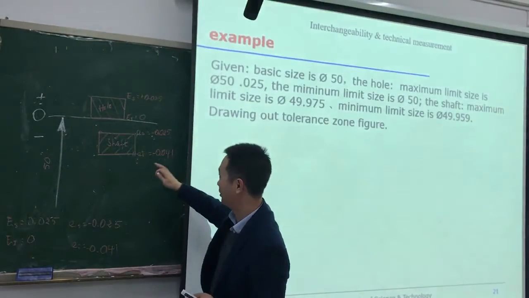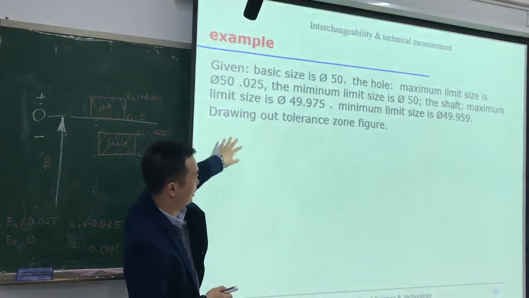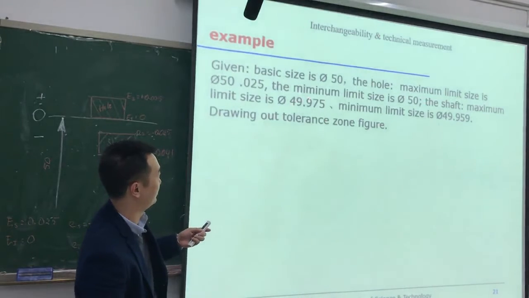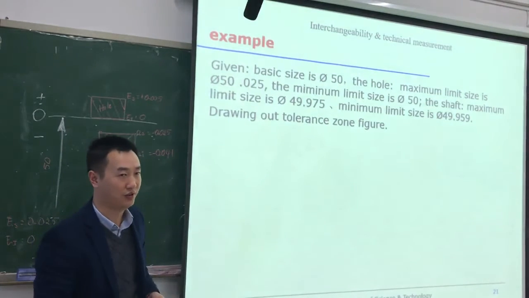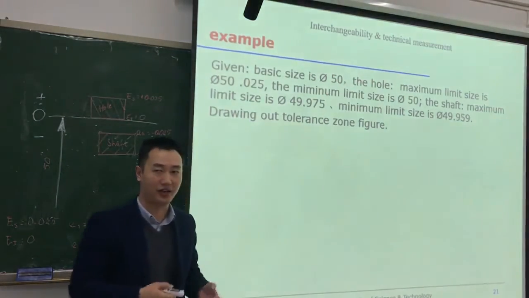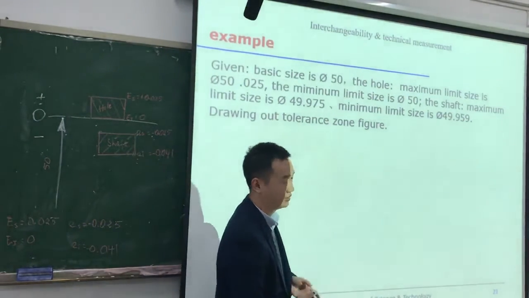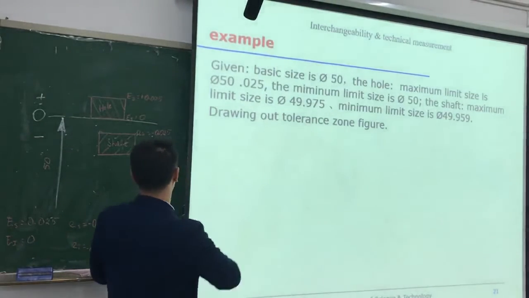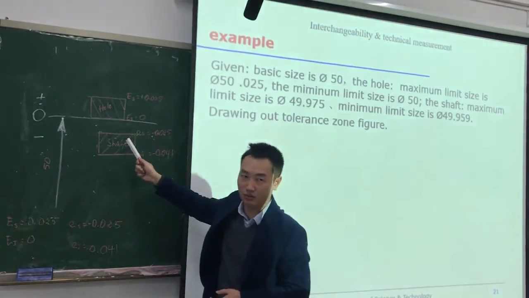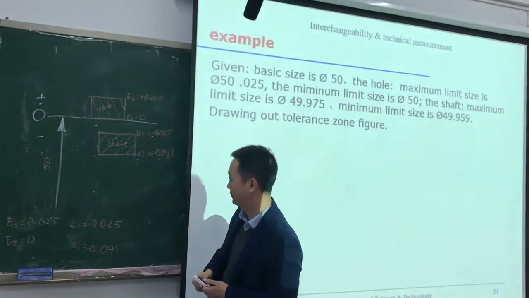So then we can move on to the tolerance zone for the hole and the shaft. Here, in this example, it gives us the maximum limit size and the minimum size for both the hole and the shaft. So we just use those limit values minus the basic size. We can get the deviation values, both the upper deviation and the lower deviation. So we got those deviation values, and we can find their zone in this graph and indicate them.